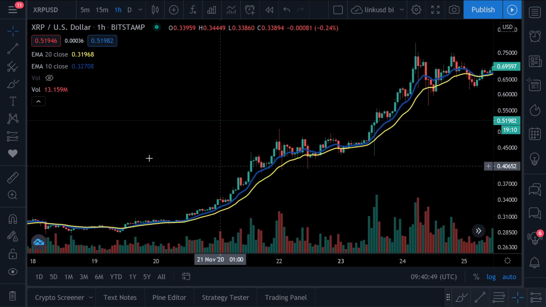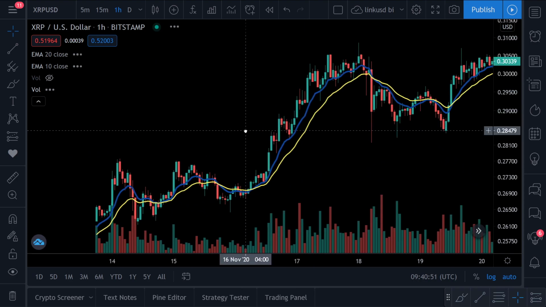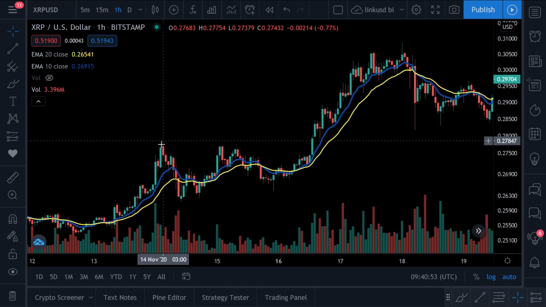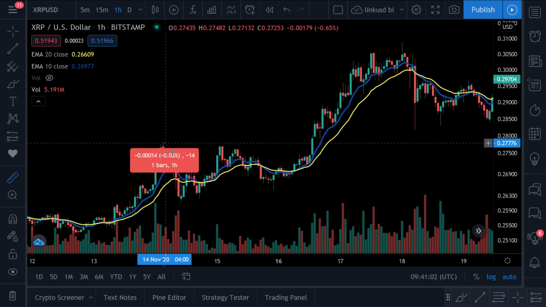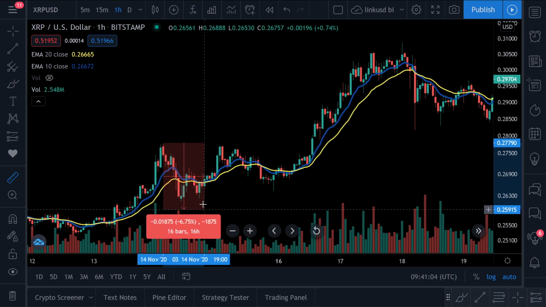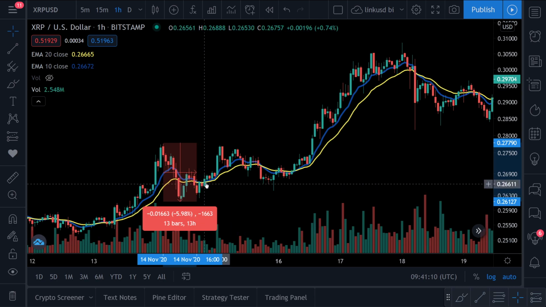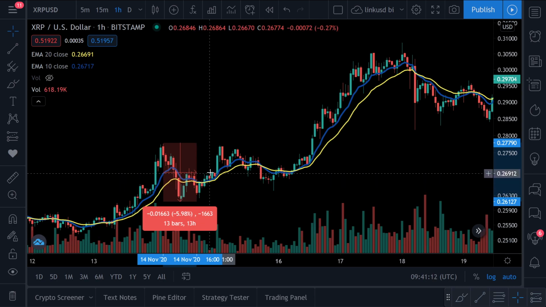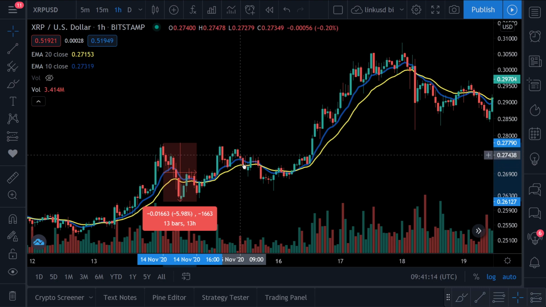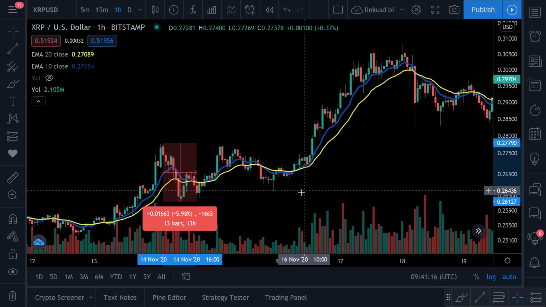Going back through the charts, this is when XRP's crabbing. This is a small example here. Way back on the 14th of November, there was a small crash of say 5% down to the bottom. So you wait for the sell-off to close, wait for the EMA to cross. When it does, away we go, and a continuation.